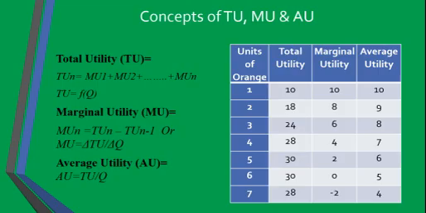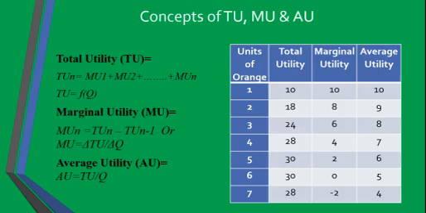When a consumer consumes the first unit of an orange, he will get 10 units of utility. Here he consumes only one orange.